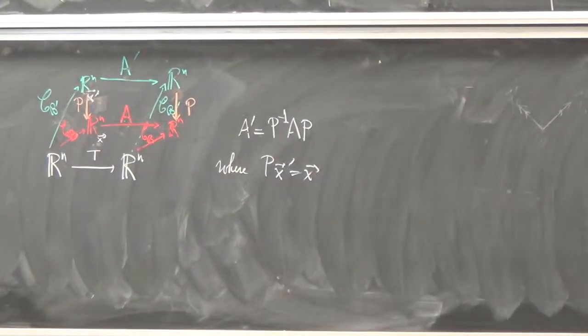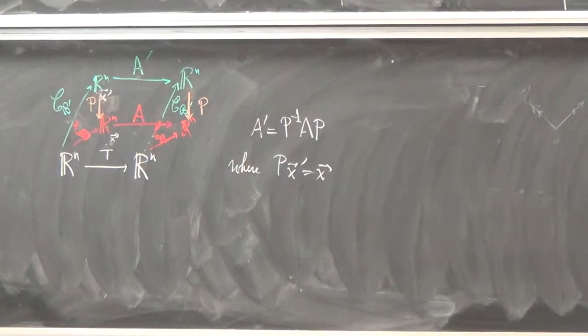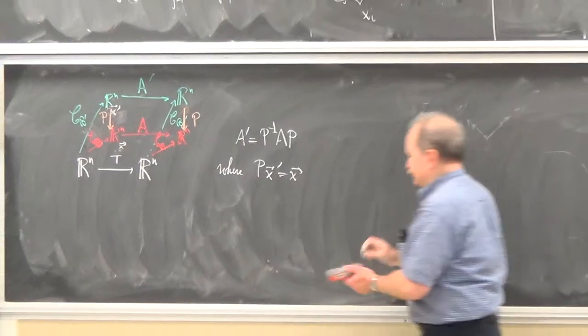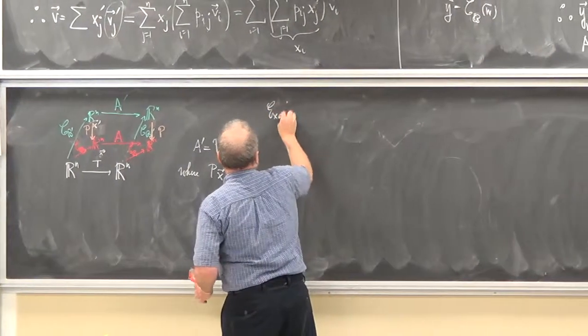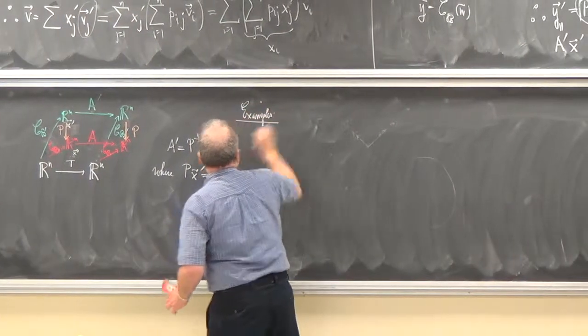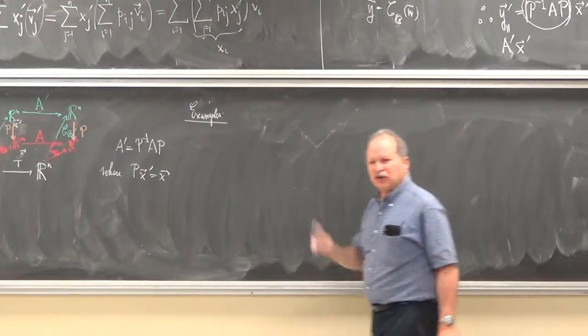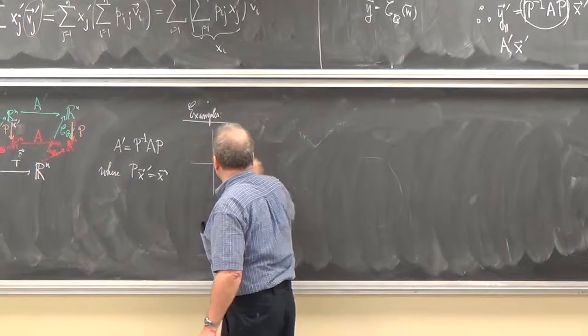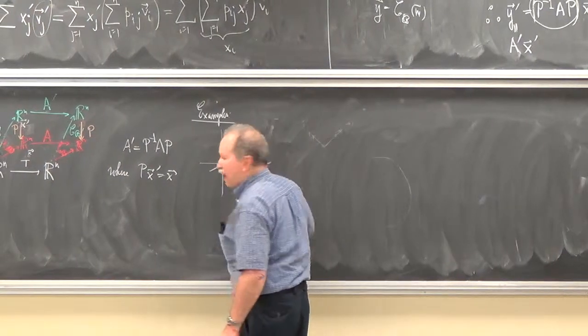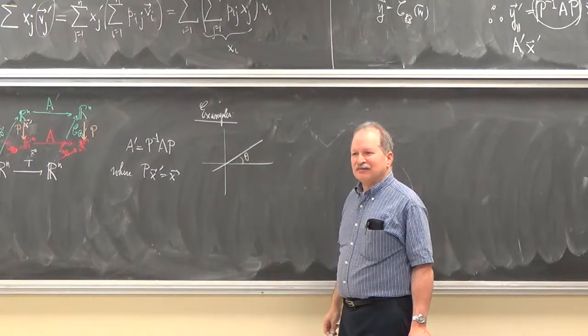All right. So where did you see this before? You might recall that back in chapter 1, I asked you to figure out the matrix for reflecting across the line at angle theta. Remember doing that?